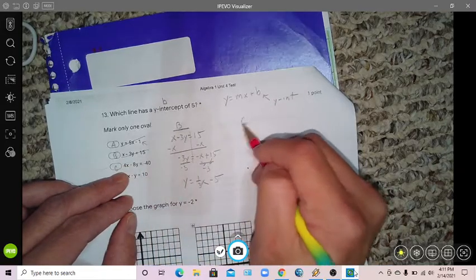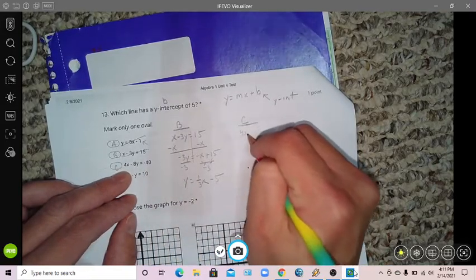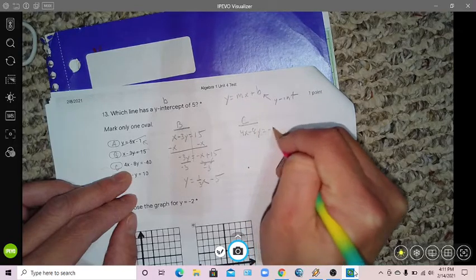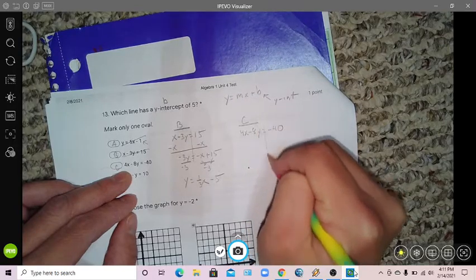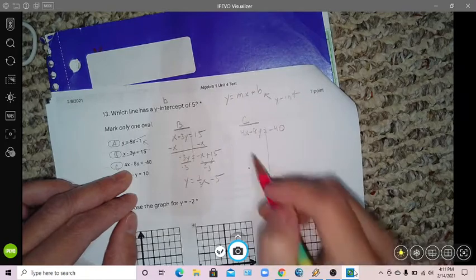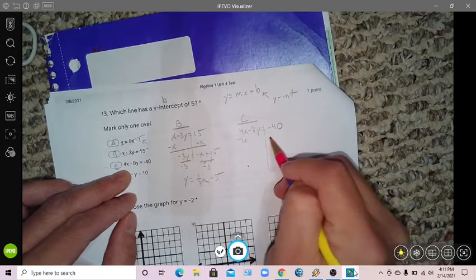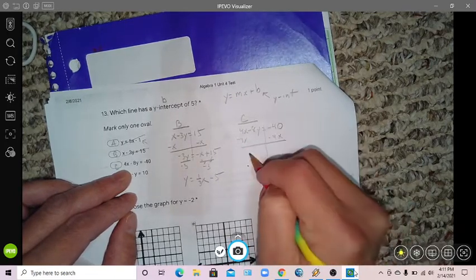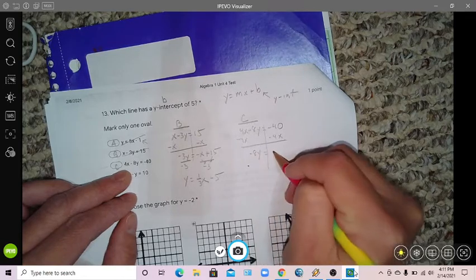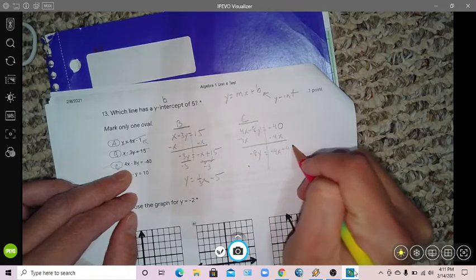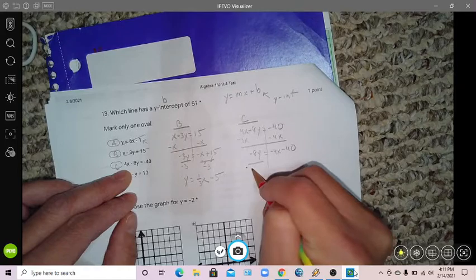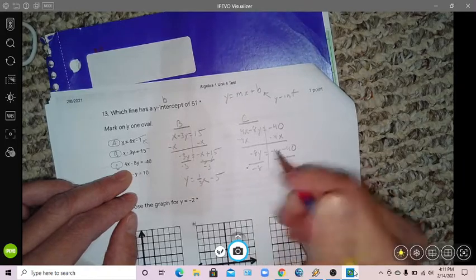Let's look at C. 4x minus 8y equals -40. Alright, let's get the y by itself. Minus 4x, negative 8y equals -4x minus 40. Divide by -8. Divide by -8.